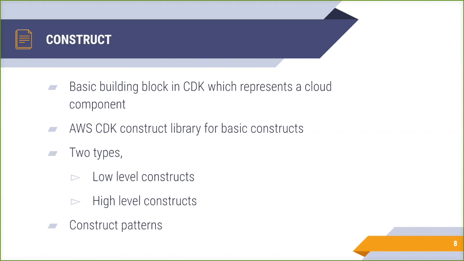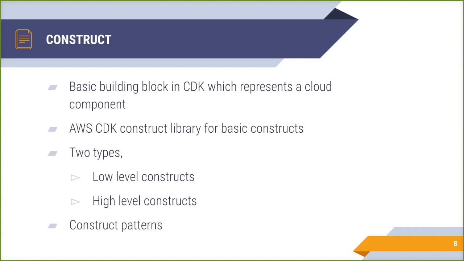Now, construct patterns are where, as I told you, we can create constructs by combining other basic constructs. What AWS has done is there are common scenarios which we see in most of the projects we do.